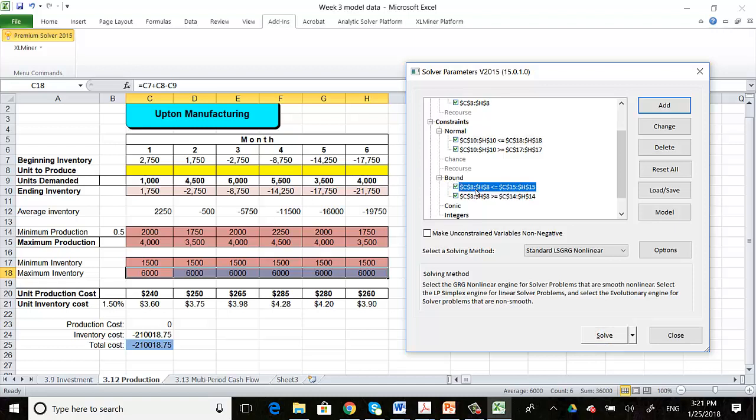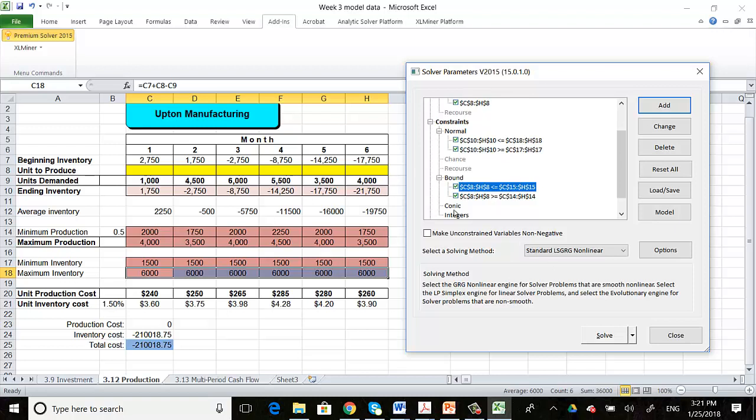That's because they are for the decision variables, C8 through H8. Those two groups of constraints set the bounds for your decision variables: the minimum is the lower bound and the maximum is the upper bound. It means your decision variable can only change within this range.